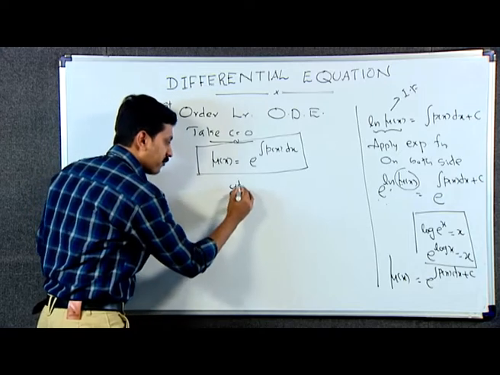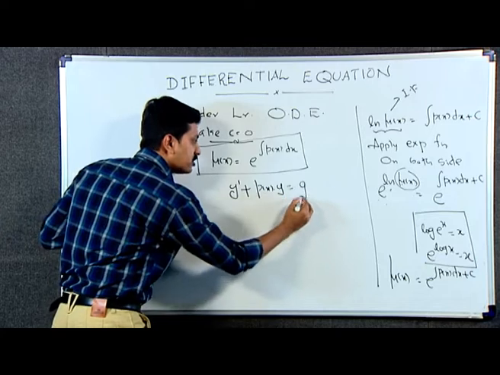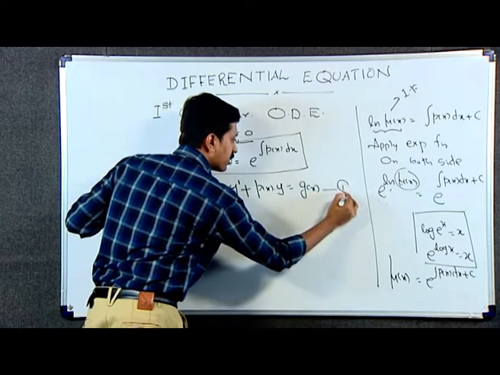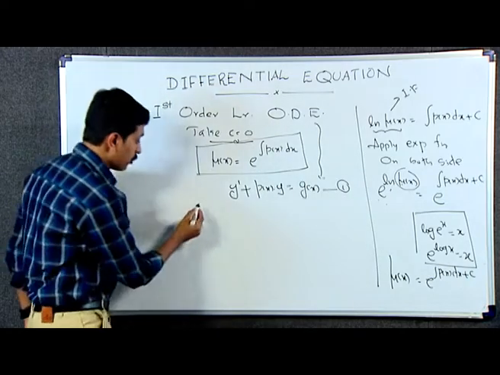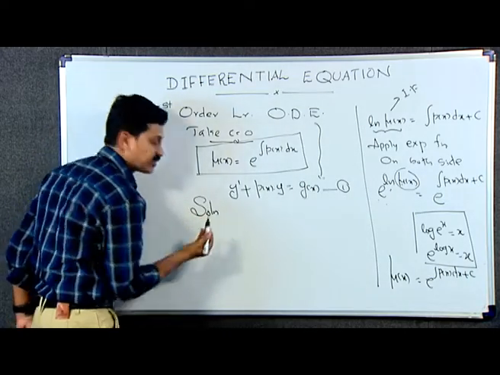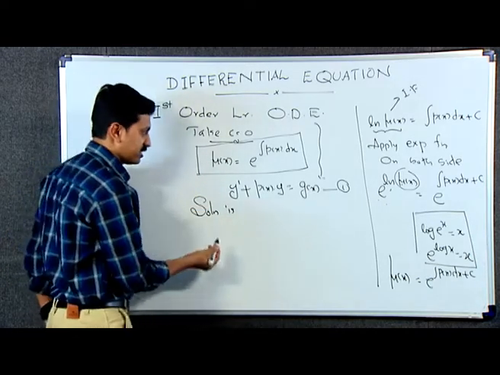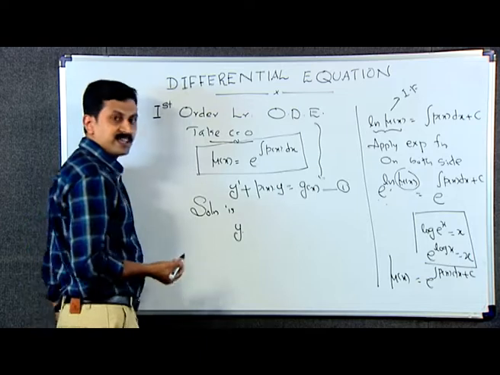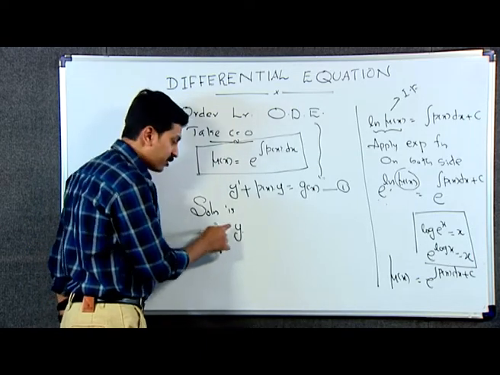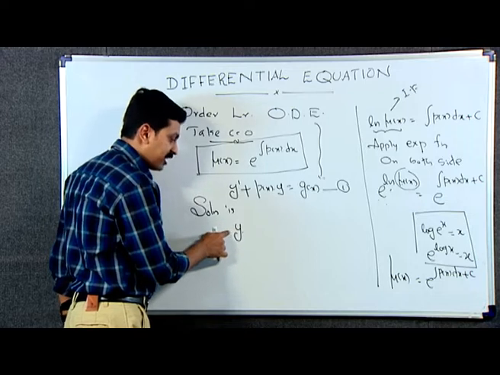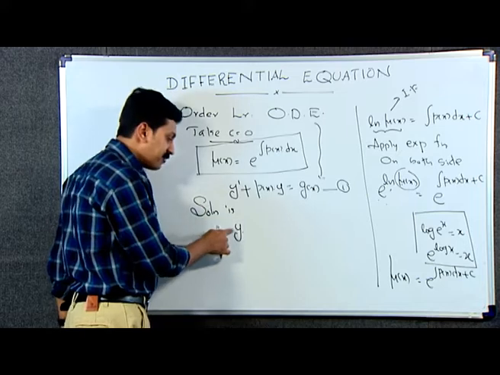We have y dash plus p of x into y is equal to g of x as the first order ordinary linear differential equation. The solution of this differential equation is the function y. Y is the solution, because it is the dependent variable and it exists with the help of the independent variable x.